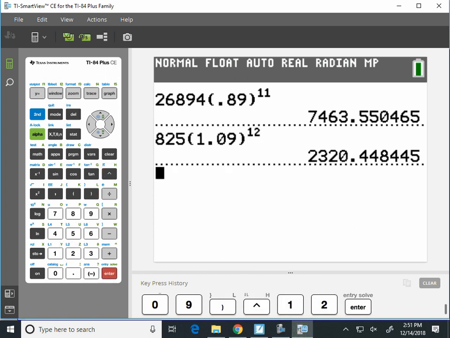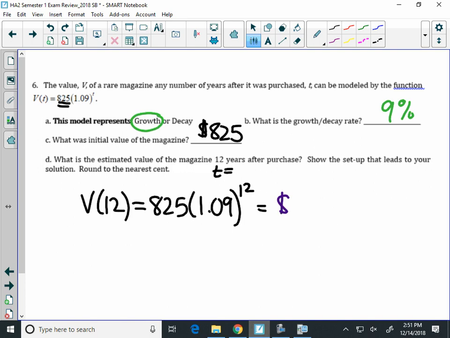And it looks like in 12 years, this magazine is worth over $2,000, $2,320.45. We'll round to 2 decimal places here because we are talking about money.